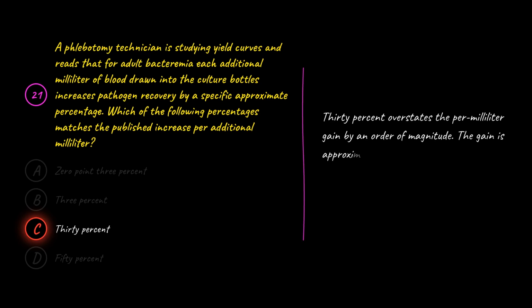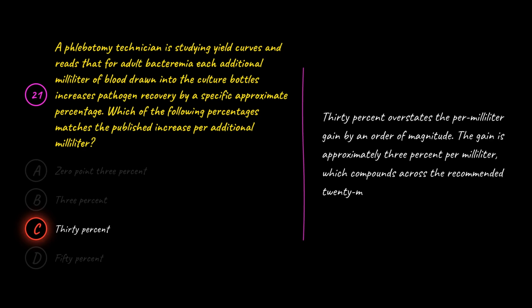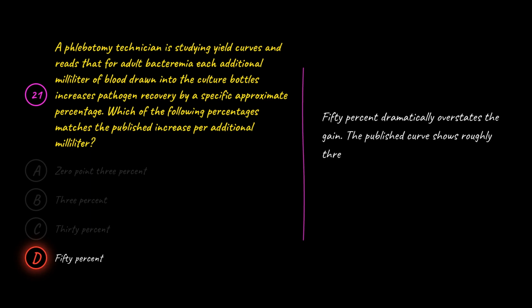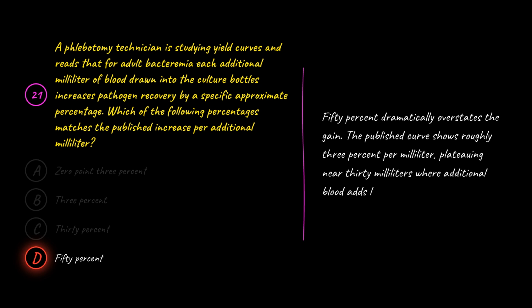The gain is approximately 3% per milliliter, which compounds across the recommended 20 milliliter set total. D is wrong because 50% dramatically overstates the gain. The published curve shows roughly 3% per milliliter, plateauing near 30 milliliters where additional blood adds little additional sensitivity. The standard reflects current practice in routine clinical phlebotomy.